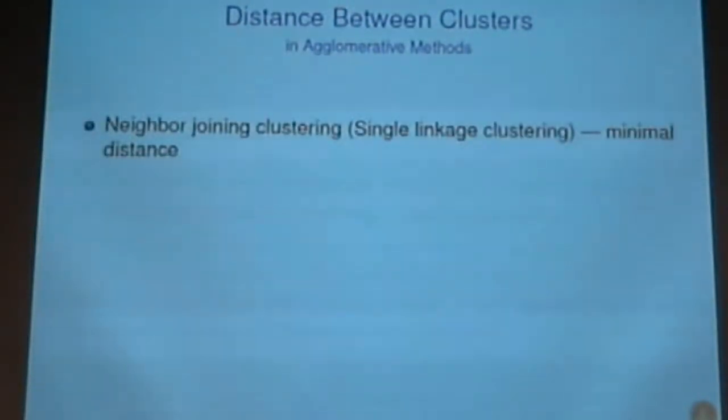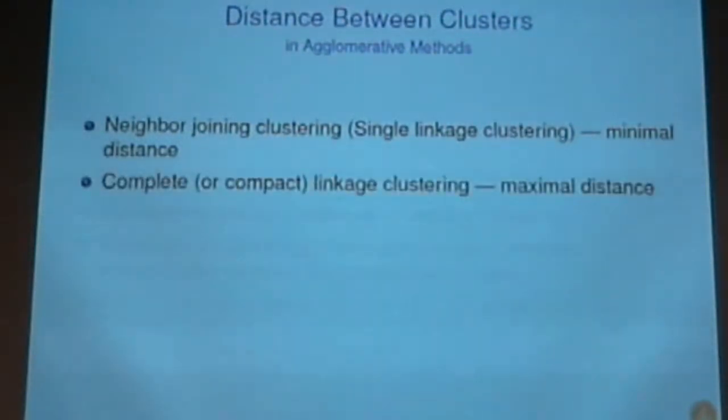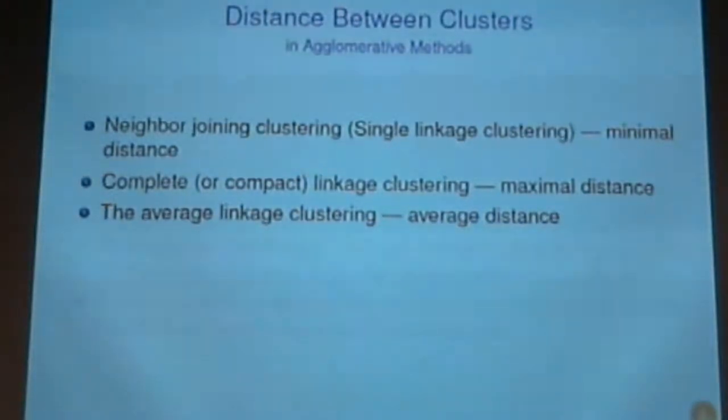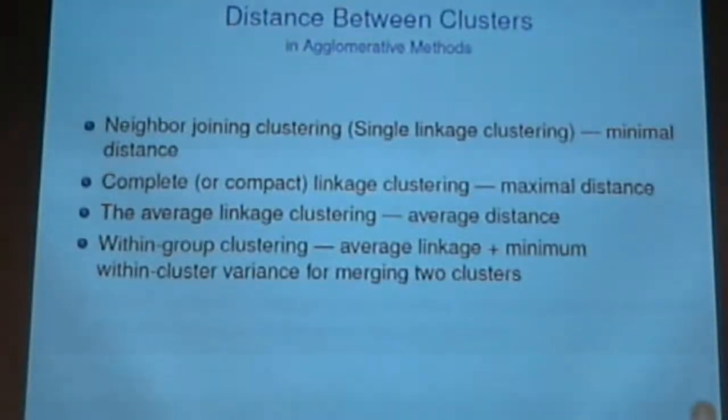And we talked about single linkage, or minimum linkage. It joins the two clusters using the minimum distance among all the distances between pairs of objects coming from the two clusters. Complete linkage uses the maximum distance, and average linkage uses the average distance, and there are some other methods as well.